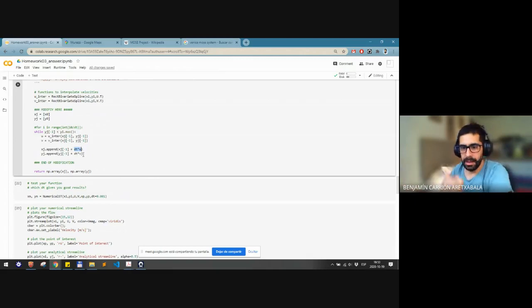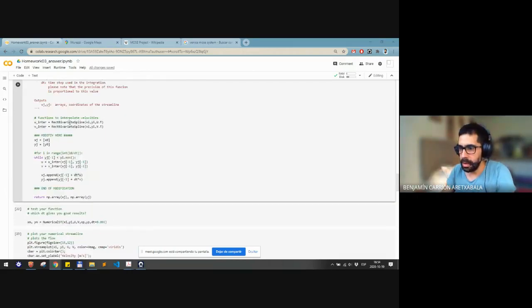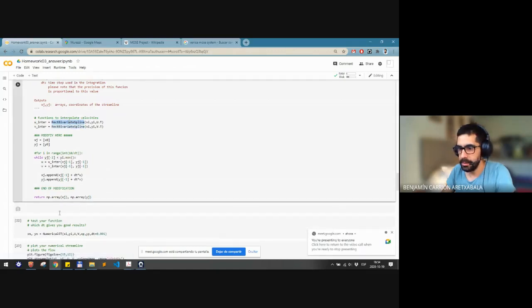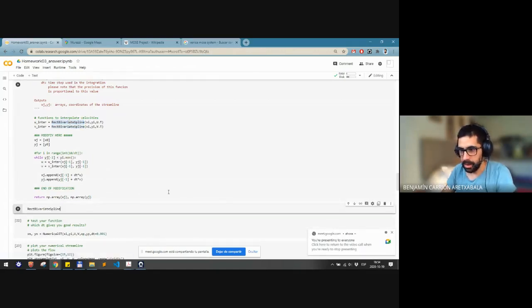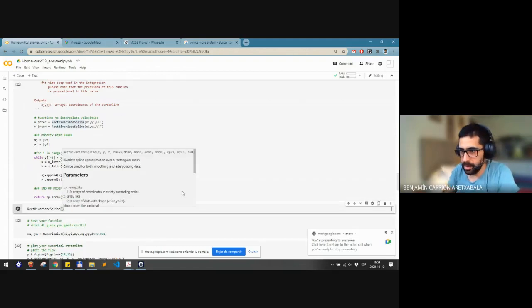Okay. I'm sorry, I skipped a couple of chat messages. Okay, people had problems with uinter and vinter. But again, guys, friends, you can do this and you can see how it works.